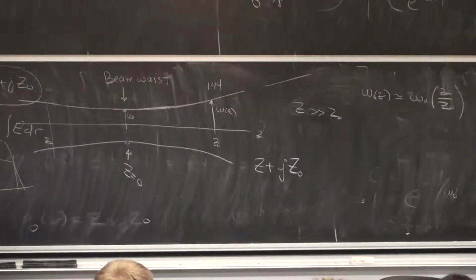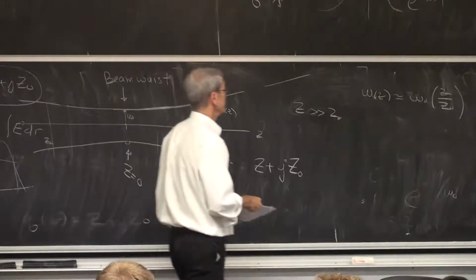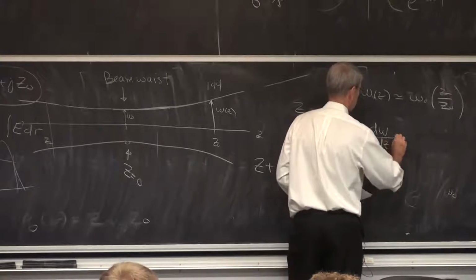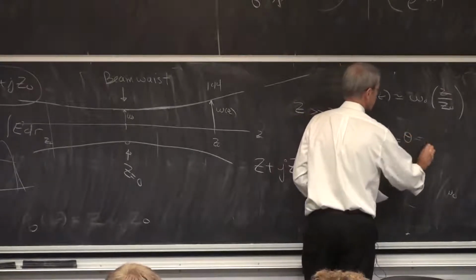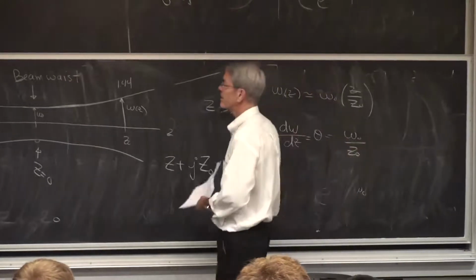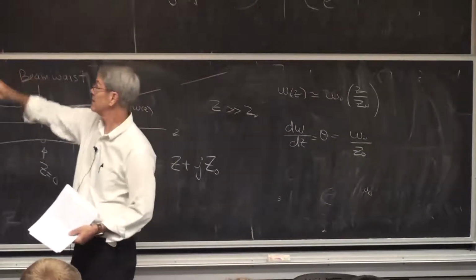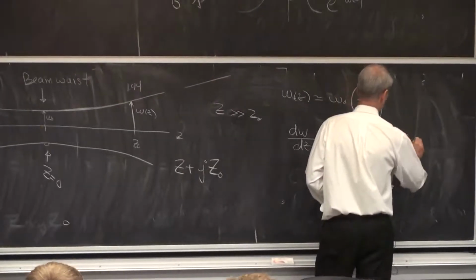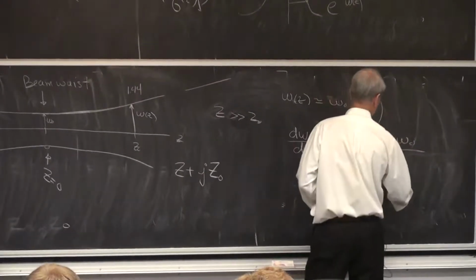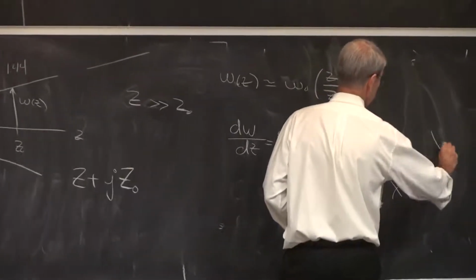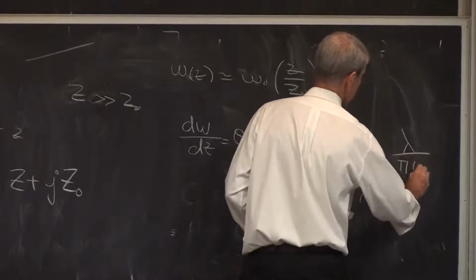What's the diffraction angle? That's just d omega dz. That's theta diffraction, and it's just omega naught over z naught. Well, there's z naught, so this is equal to omega naught over pi omega naught squared over lambda, which equals lambda over pi omega naught.